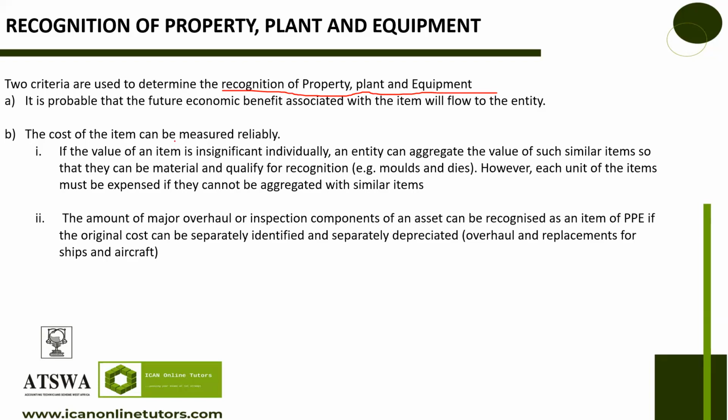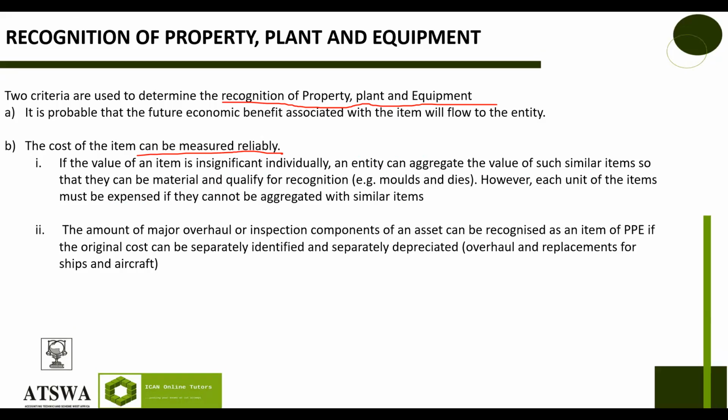And if the value of an item is insignificant individually, an entity can aggregate the value of such similar items so that they can be material and qualify for recognition. You can say, I cannot recognize maybe something that you use for a long time, probably because the amount is too small.